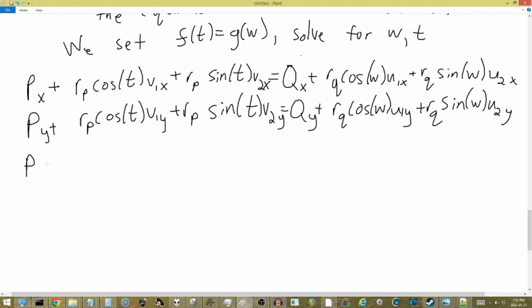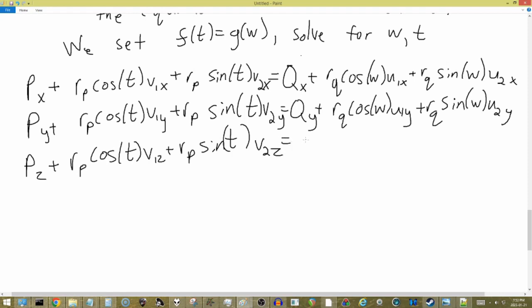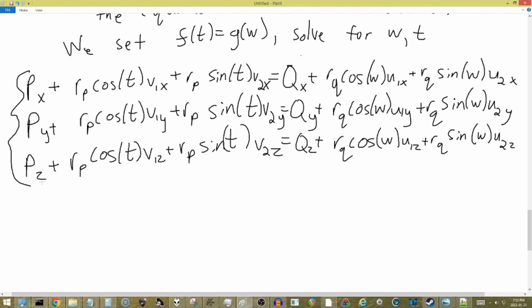And then finally, for the z components, rp cosine of t v1z plus rp sine t times v2z equals qz plus rq cosine w u1z plus rq sine w u2z. And that's a system of equations that can be solved.